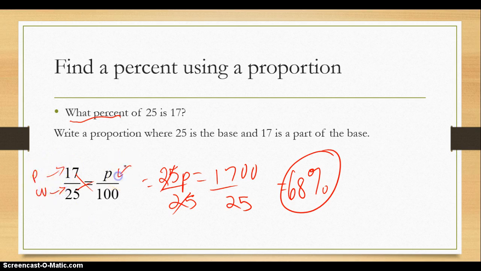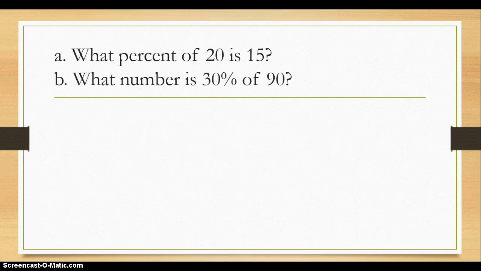So 68 is the part. I'm sorry, this is a P, and this is the whole. Now, what percent of 20 is 15? We know 20 is our denominator, 15 is our part, and we know that we have 100 and we're trying to solve for P. So 20P equals 1500.